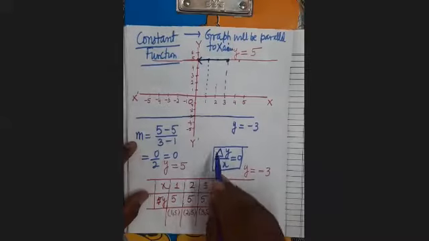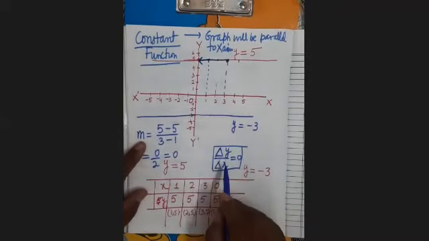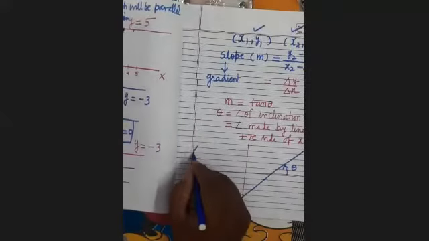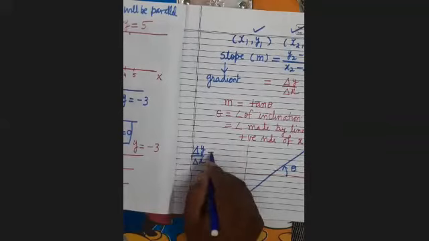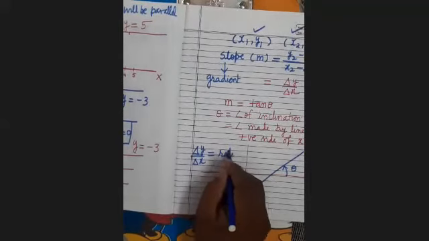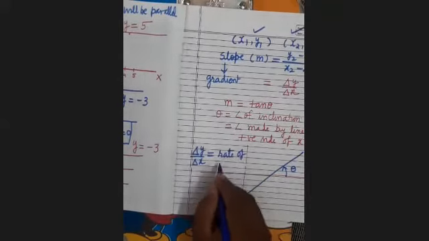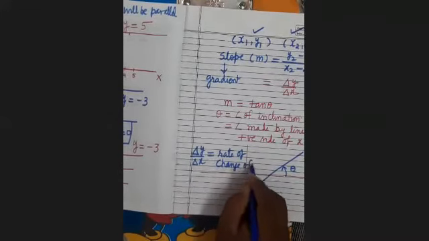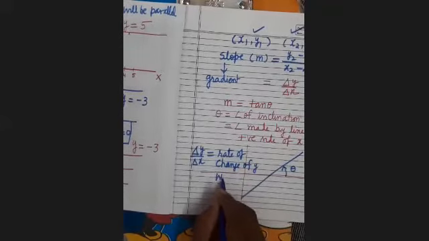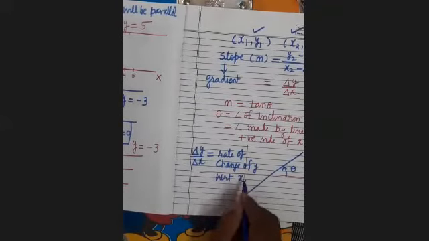Now see here, in physics we call delta y upon delta x the rate of change of y with respect to x.